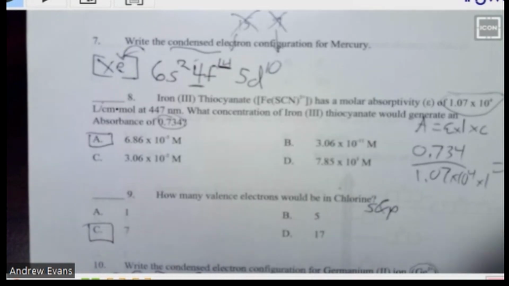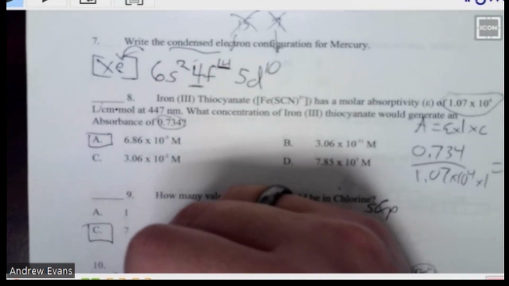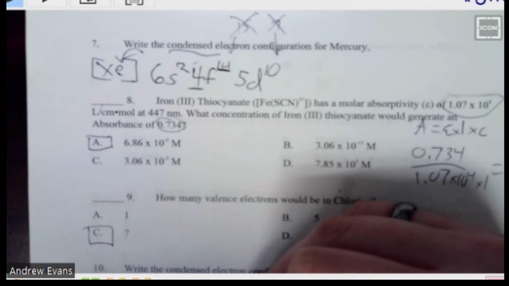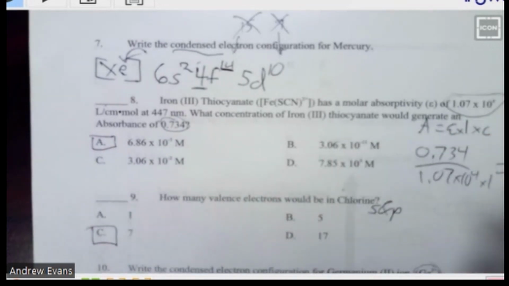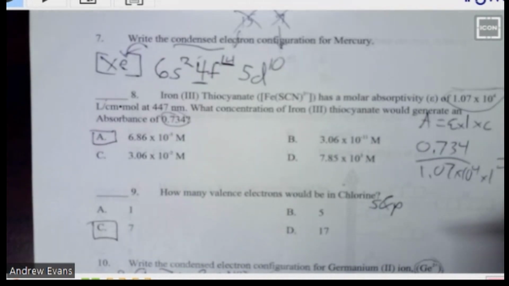That would have got you half credit. But for germanium 2 plus, we remove from the P, then the S, and then the D. So you use up those 2 electrons to make it germanium 2 plus.